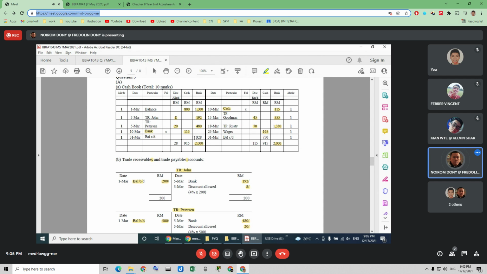So this balance is a credit balance, total credit more than the debit side by this much. But for cash, it must be a debit balance. So the debit side is more, 915.